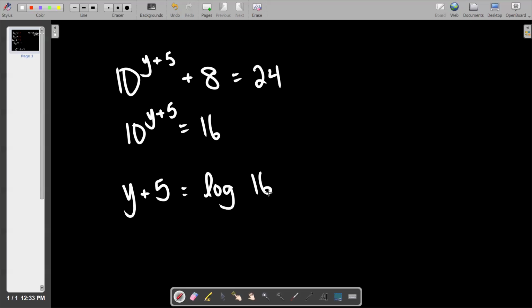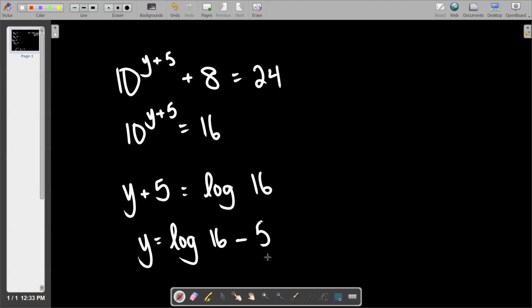And the next one was showing the y plus 5 drop down in front of a log of 10. And what happened to the log of 10? It was 1. It's one of those redundancies that we create. By using that particular log with a base of 10, we made that happen. So our final answer is that y equals the log of 16 minus 5.